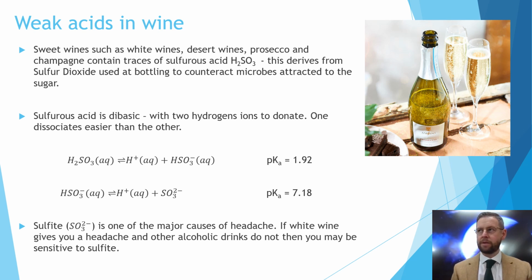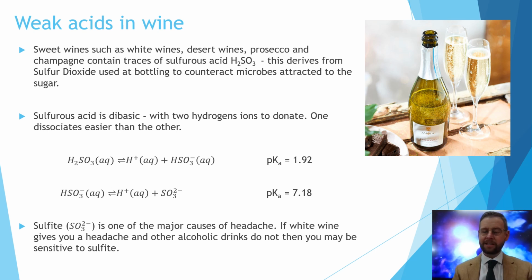Now I think we should talk about wine, because wine contains 3 types of weak acid, and it's interesting to see how they work. So the first in sweet wines is this acid called sulfurous acid, H2SO3, and it derives from the sulfur dioxide gas, which is frequently put above the liquid when the bottle is corked.